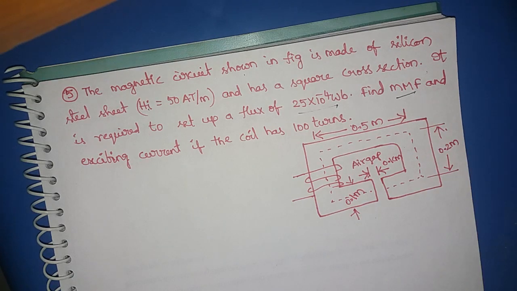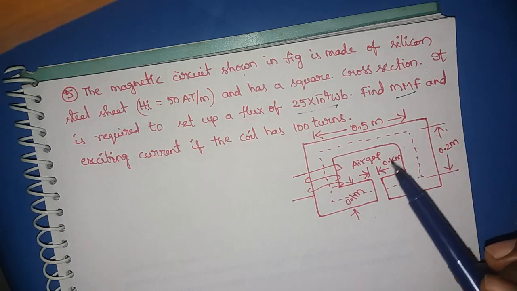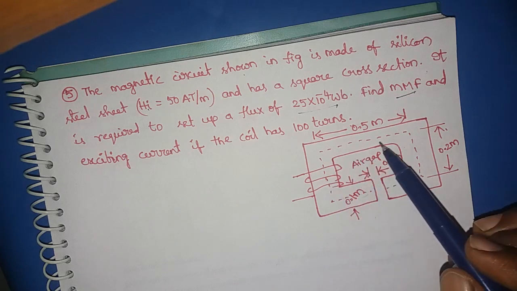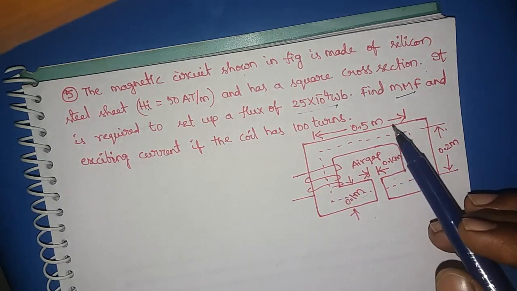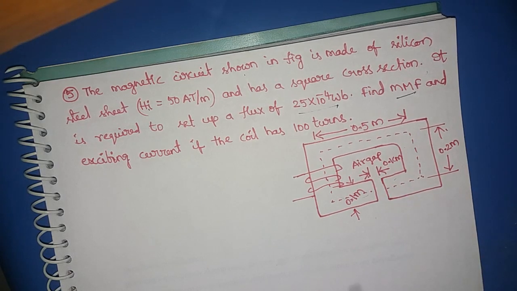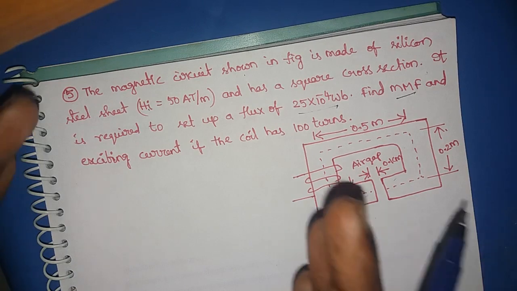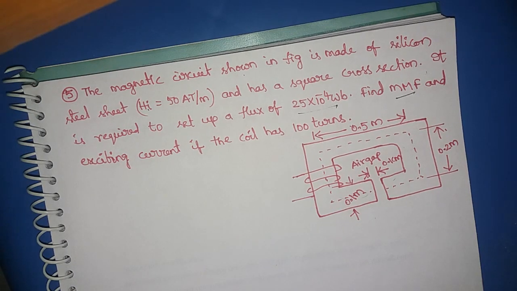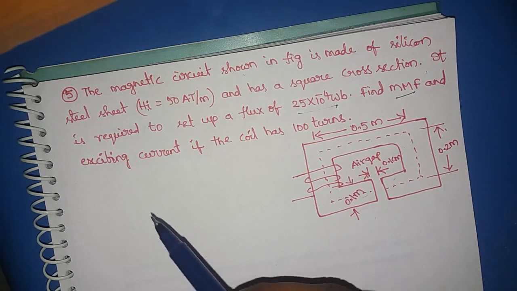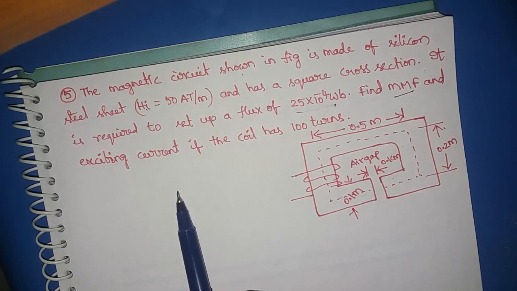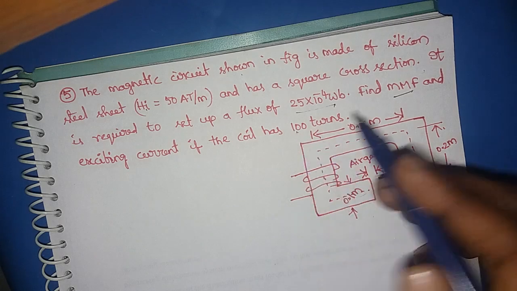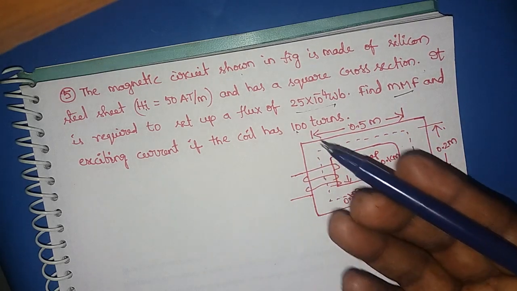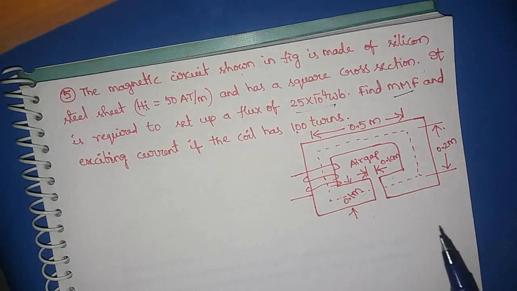We find the MMF of the silicon steel as one part and the MMF of the air gap, and if you club these two, you will get the total MMF. Once we get the total MMF, we can easily find the current: F is equal to Ni. N we know and F we know, so we can easily find the value of I.